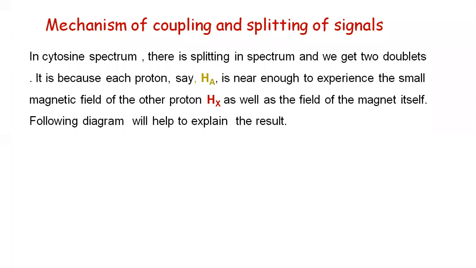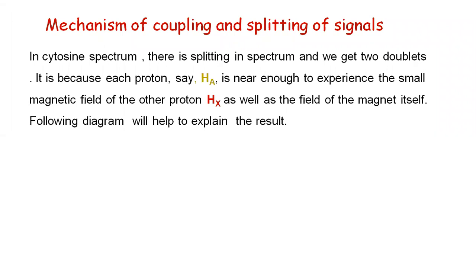If we understand the mechanism of coupling and splitting, we can easily assign the chirality of the compound, the reactivity of the carbon, conformations, many things we can learn by having this idea of the mechanism of coupling.